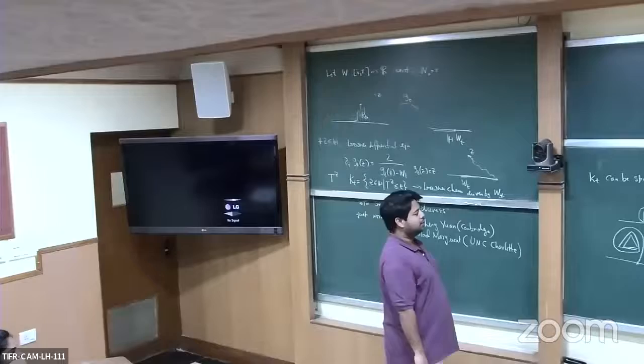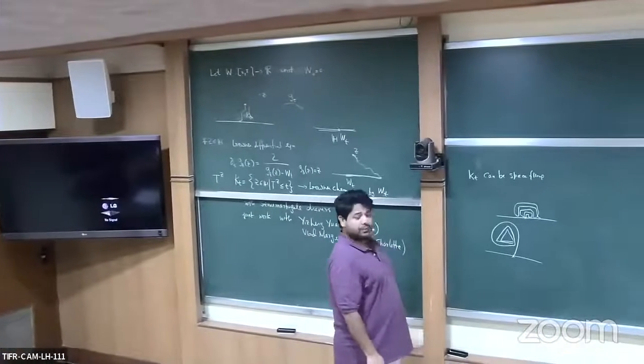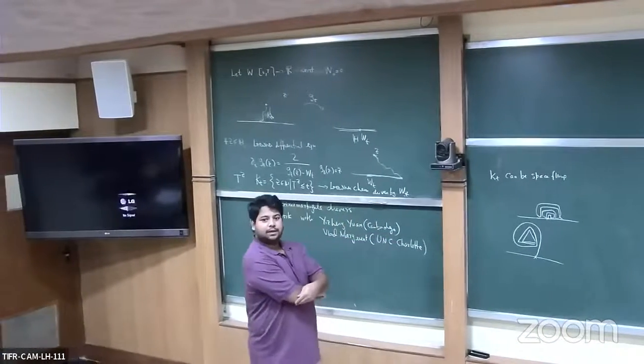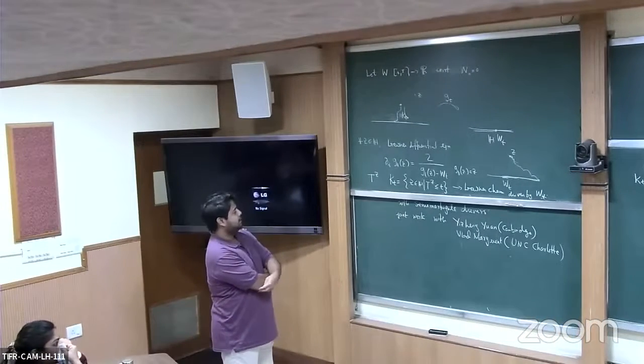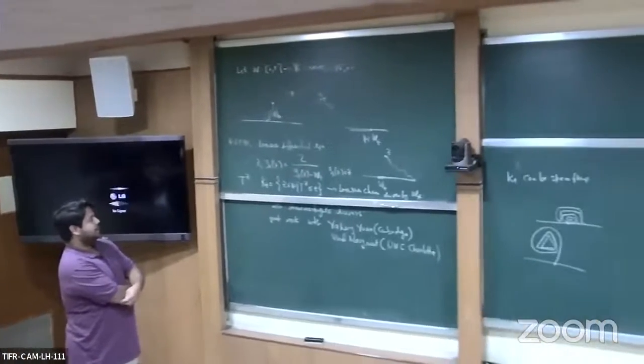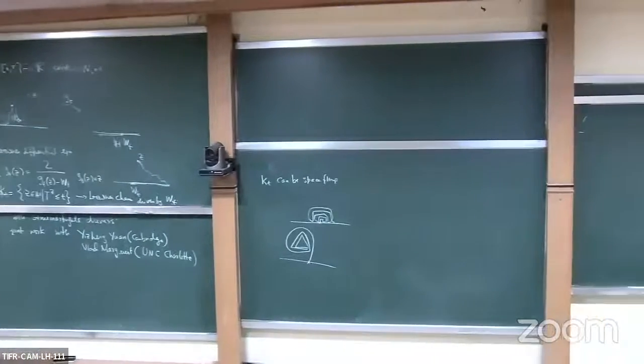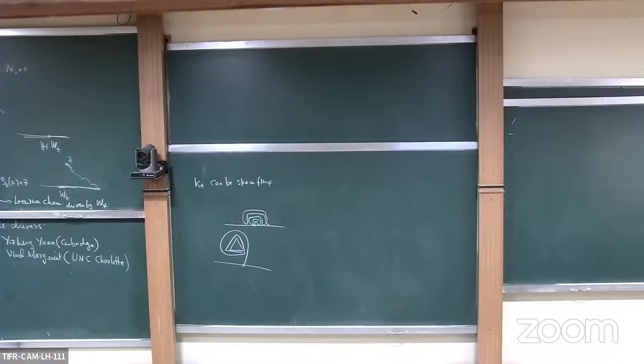So the question that I want to ask is, if K_t is a space filling curve, then is T_z infinity? No, it says that every point is absorbed at some point. That says T_z is finite for all z. That's what it is.